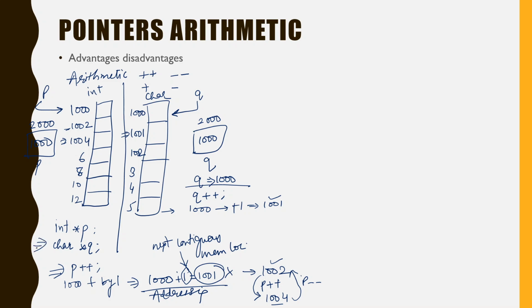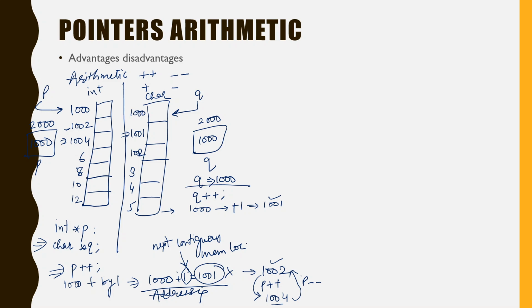Incrementing will depend on the actual data type size of the particular pointer variable. So if the pointer type is float, the increment or decrement would be by 4 bytes each. If you want to increment, then the address would be incremented by 4 bytes to reach the next element, right?